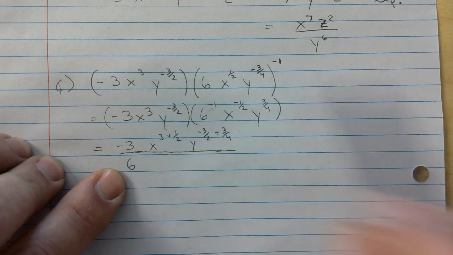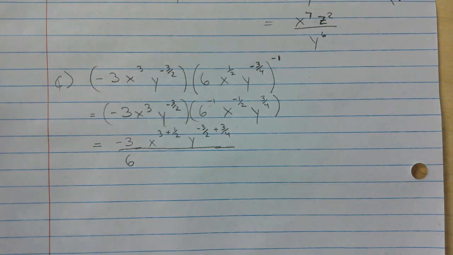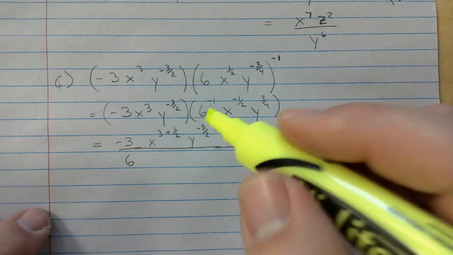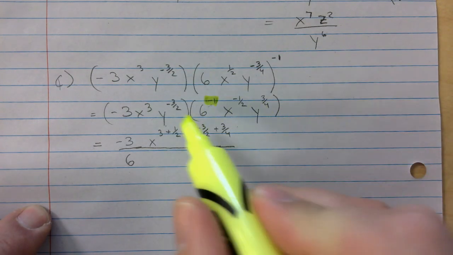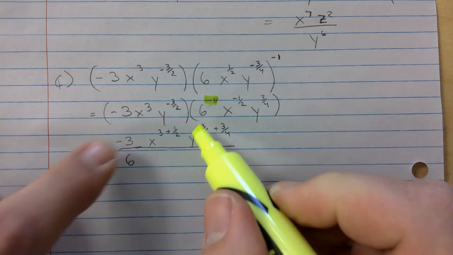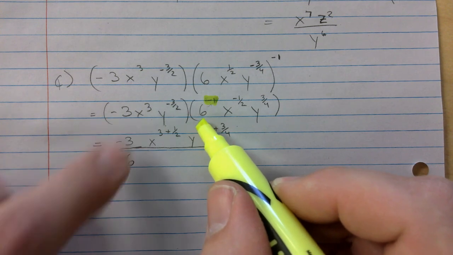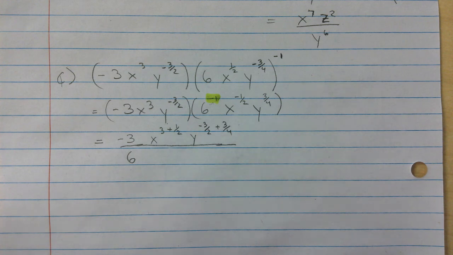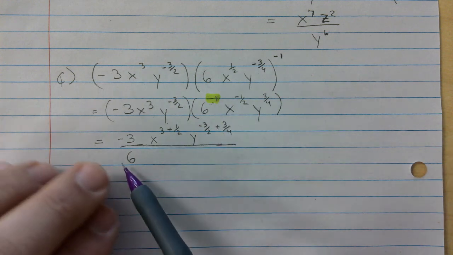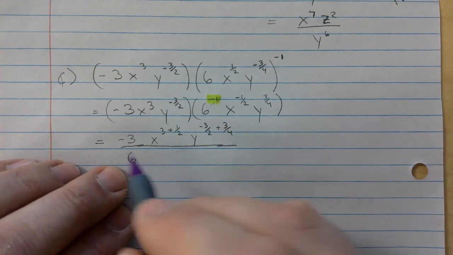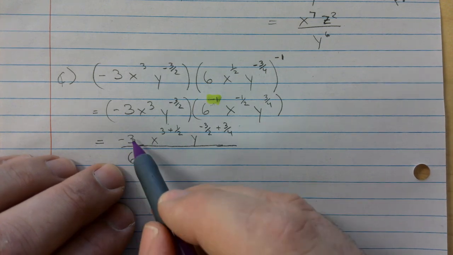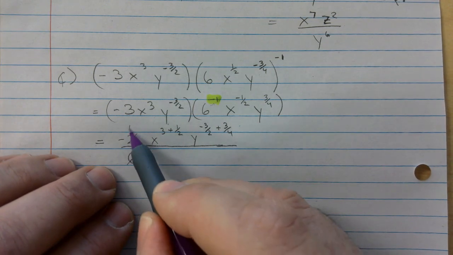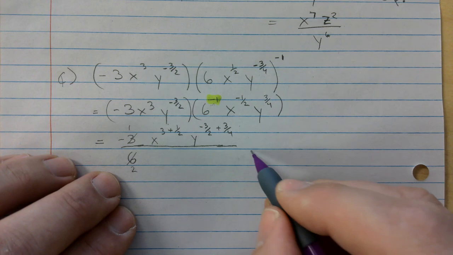Notice that this, I brought it down right away because you technically cannot multiply these two. They don't have the same base, right? If they had the same base, then you could maybe add the exponents, right? You can reduce these. 3 goes in here 1 time, goes in there 2 times.